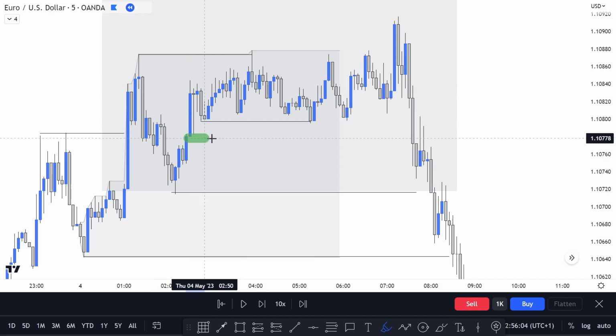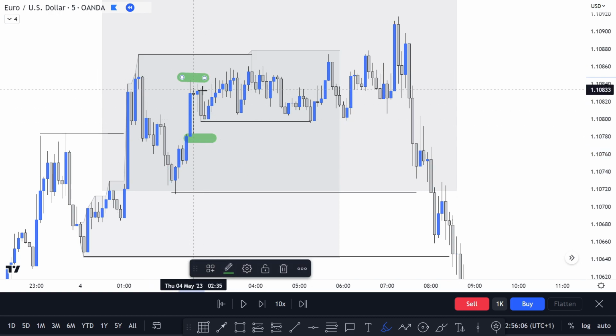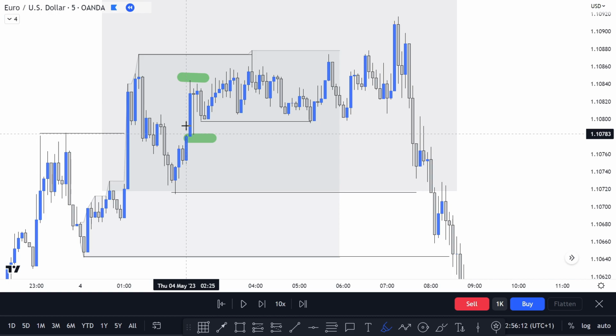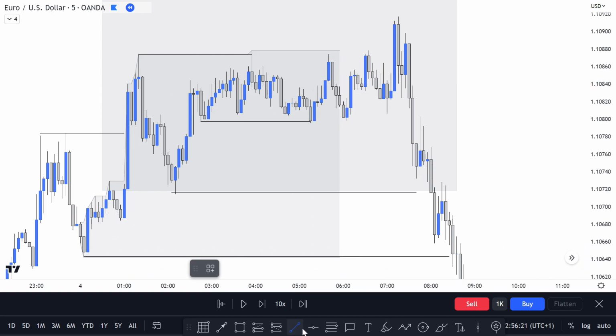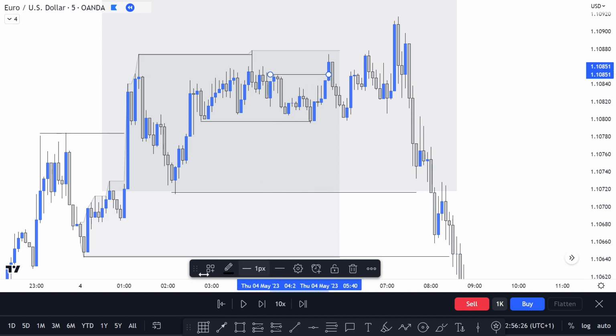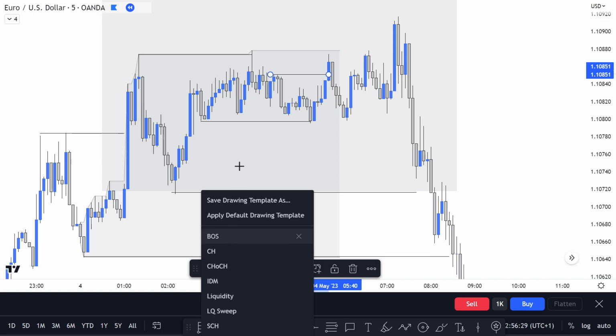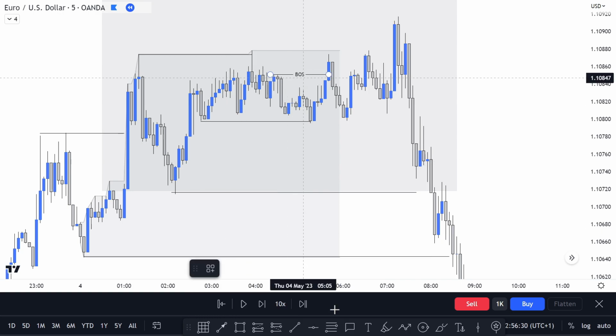Because a lot of candles closed inside this candle, so that's not regarded as a valid pullback. So we have another push up here, which is equivalent to a break of structure.